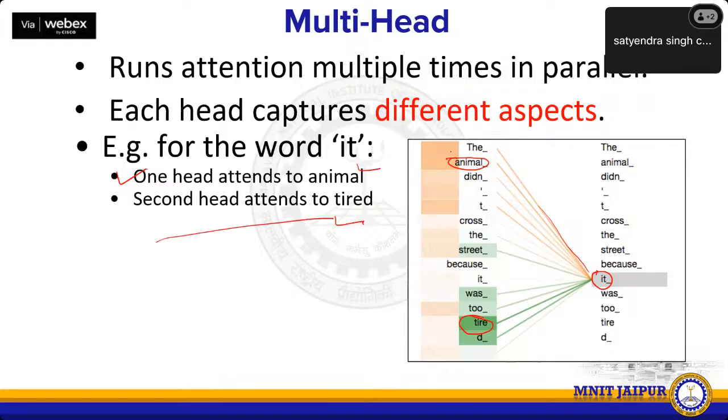It is called self-attention because we are looking into the same sentence and which word is associated with each word. All these attentions run in parallel multiple times, and each head captures a different aspect, since having a matrix representation gives you the benefit of parallel processing.